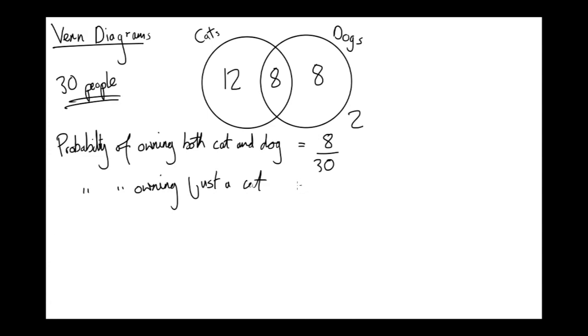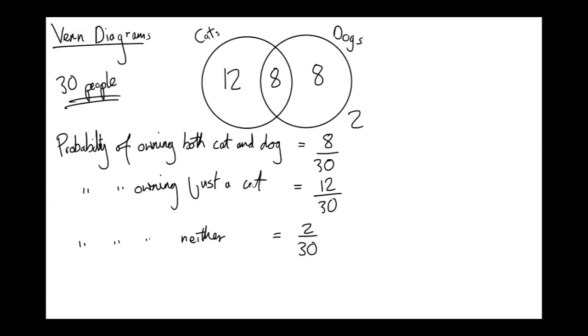Again, find it on the diagram. Just a cat would be 12 out of a total of 30, so that's 12 over 30. And finally, I could say, what's the probability of owning neither? Neither would be 2 out of 30.